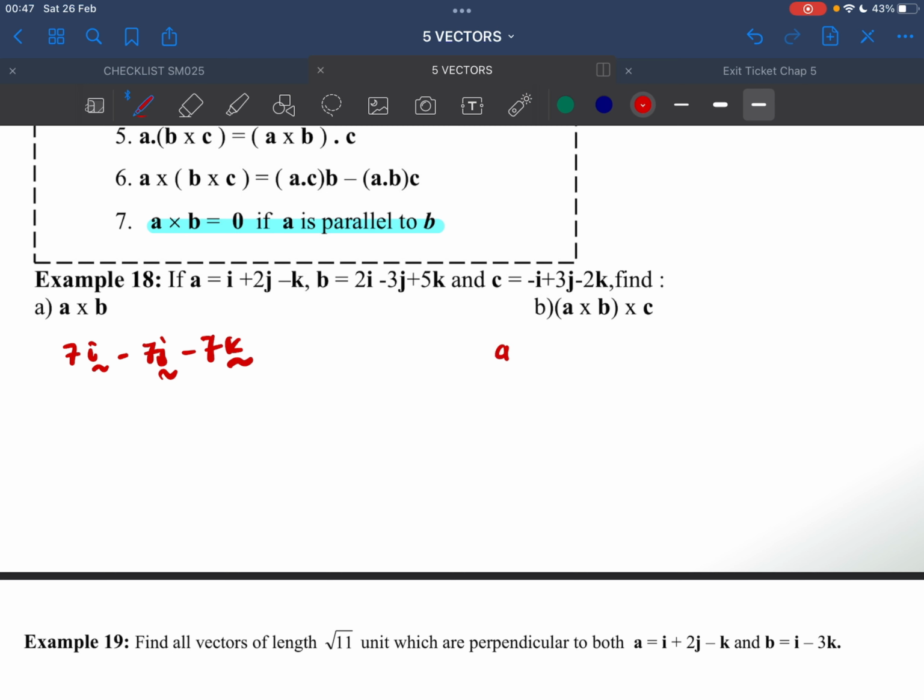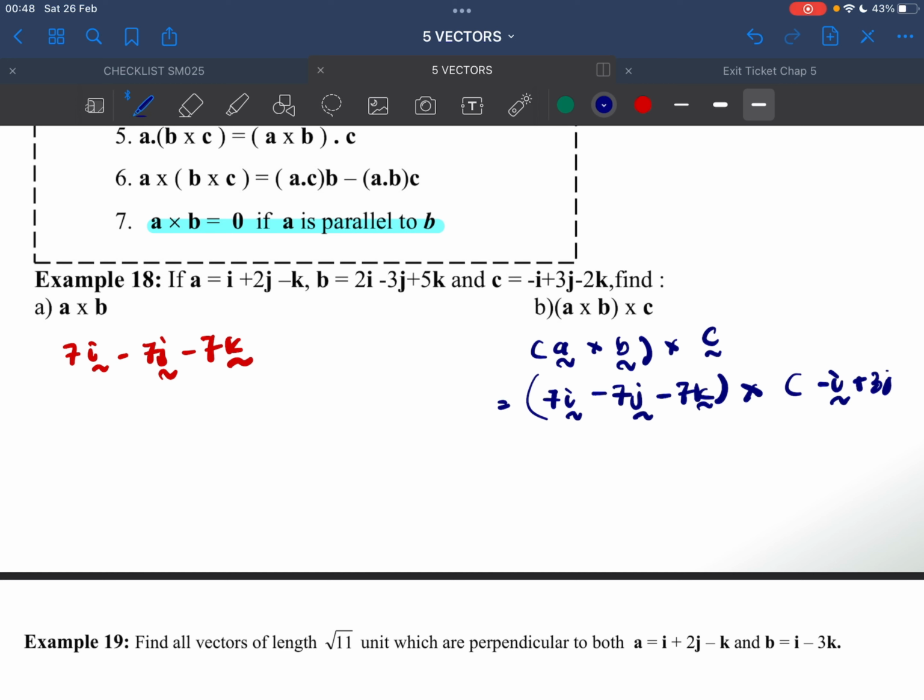We want to find A cross B cross C. A cross B you get from the first example, which is 7i minus 7j minus 7k. We have to cross by C, which is negative i plus 3j minus 2k.